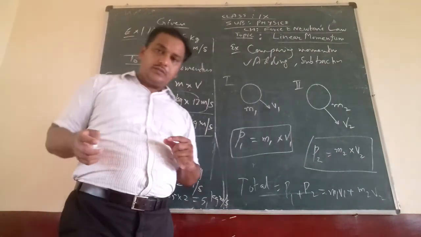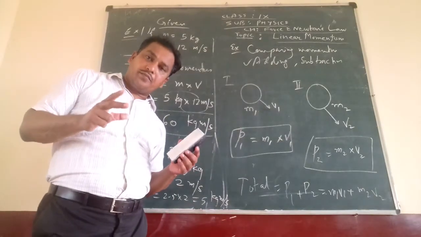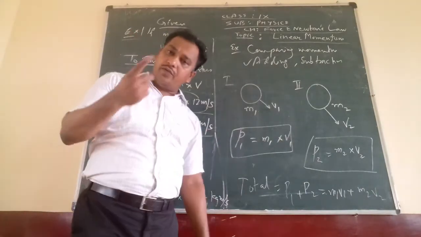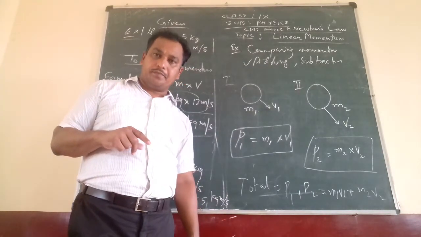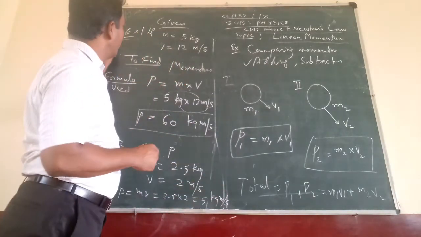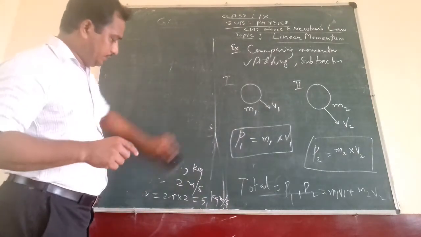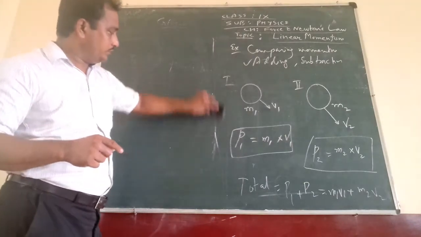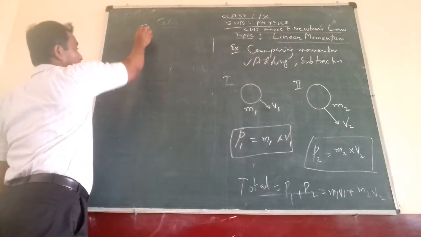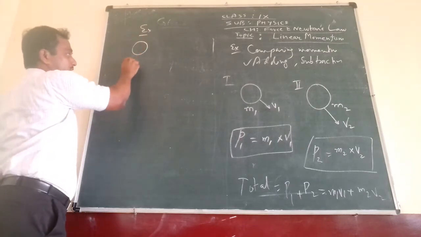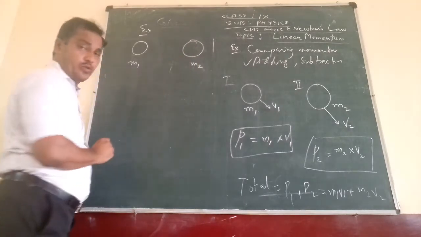Okay. Now can you tell me, if two objects are there whose masses are different but velocities are the same, which object will have more momentum? Can you tell it? So what I asked: consider an example in which one object is having mass m1 and another object with mass m2.